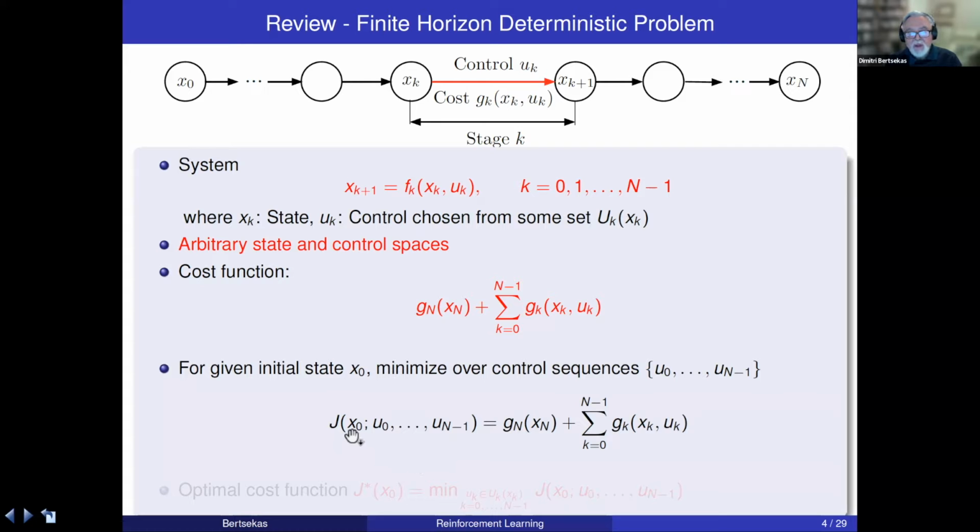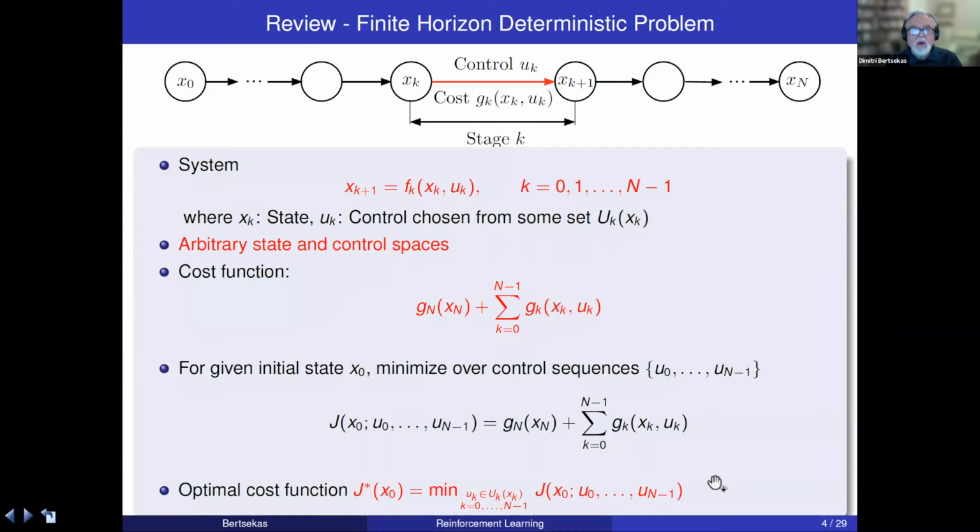It's a function also of the initial state. And the optimal cost function is obtained by minimizing this expression over all controls. And it depends again on the state x0. We use J star to denote optimal cost, or anything optimal we denote by star in this course.